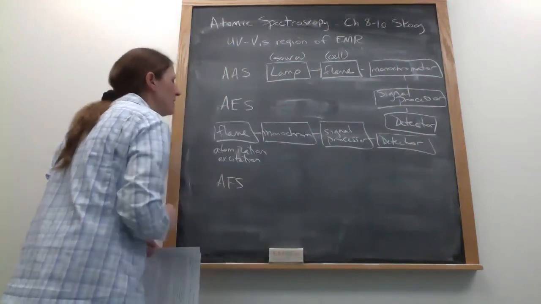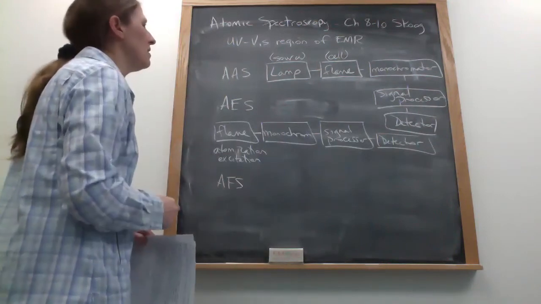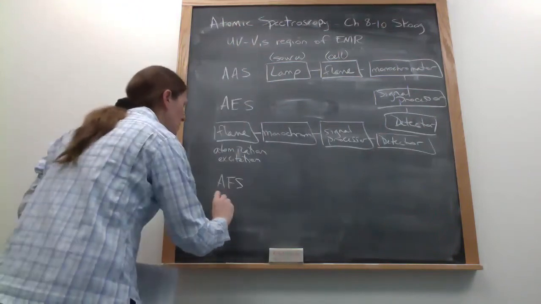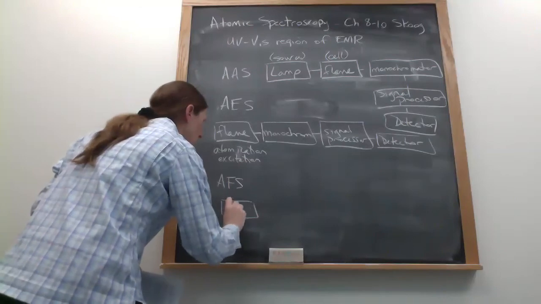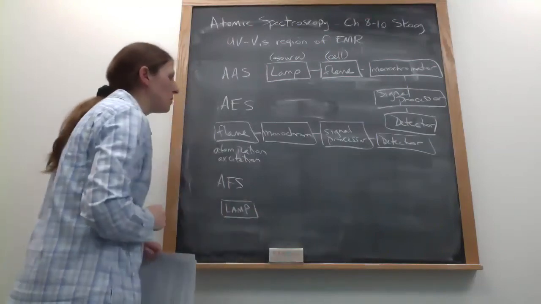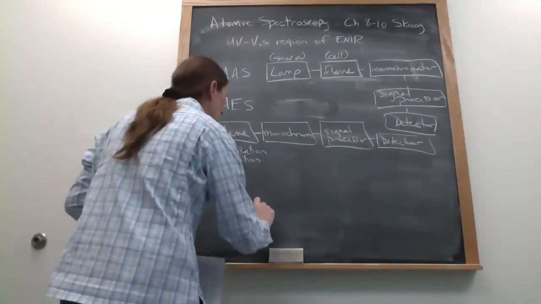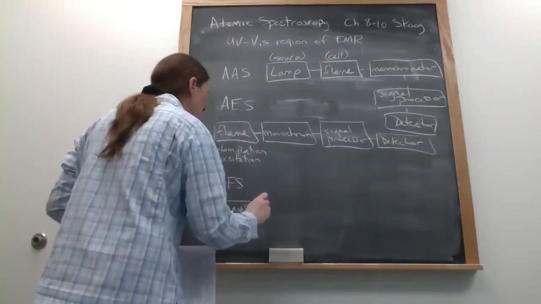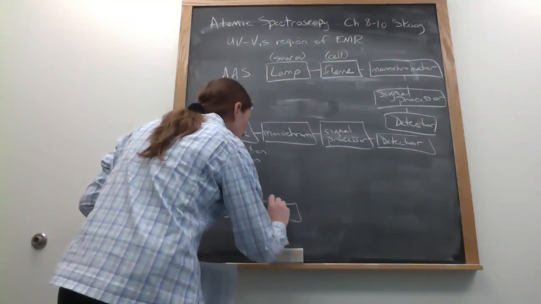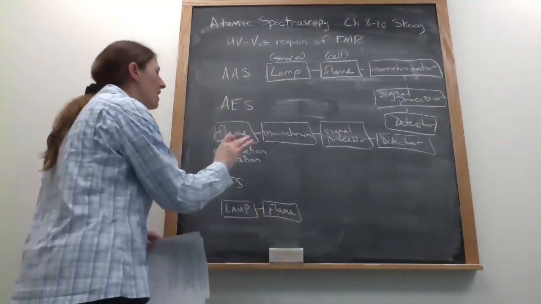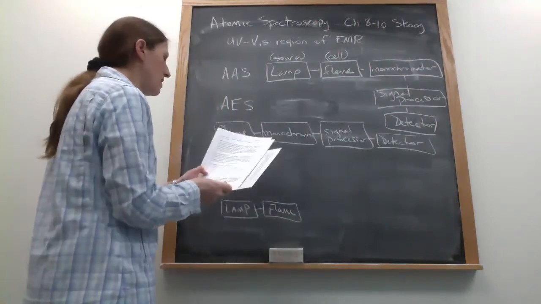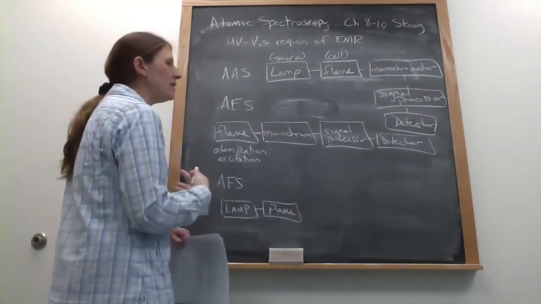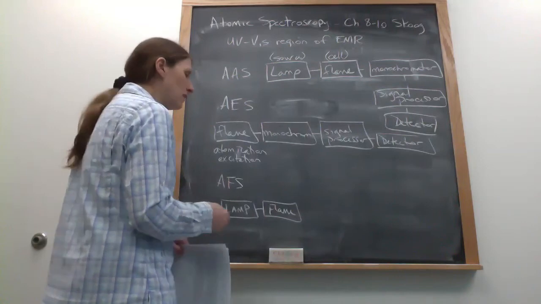An instrument diagram for fluorescence is going to have the lamp, because that's what we're going to use for excitation. So we're still going to use a lamp for fluorescence. That then is going to go through a flame, where I get atomization to occur. And now we don't want the detector to be in line, very similar to fluorescence for molecular spectroscopy.